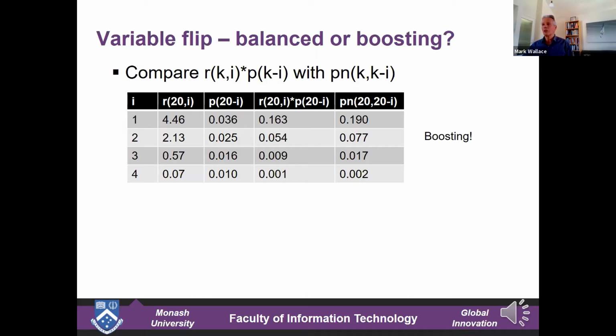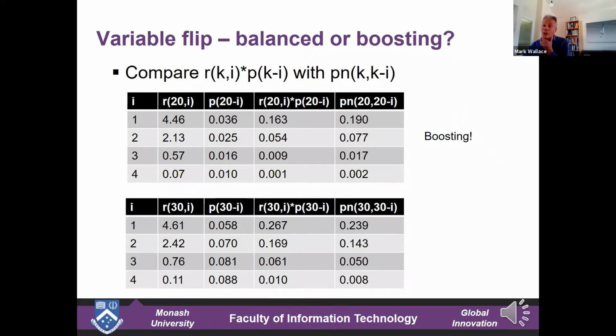So now let's look at what happens if we start at 30. So we're on the other side of that modal fitness, so that the likelihood of a fitness as you go away from 30 gets quite quickly less.